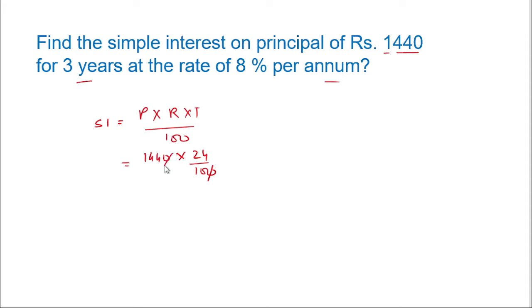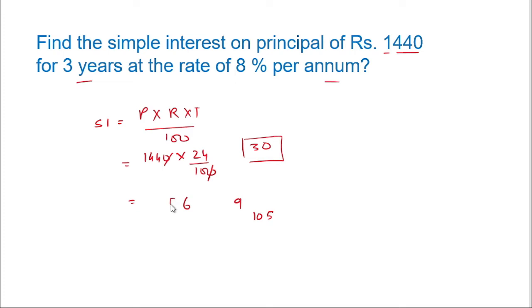0 and 0 cancel. I will simplify it. So friends, you should know the table up to 30, but the problems of simplification you can do very easily. Now 24 4s are 96, 6 carrying 9. 24 4s are 96 and 9, 105.